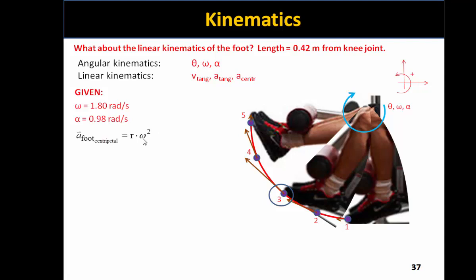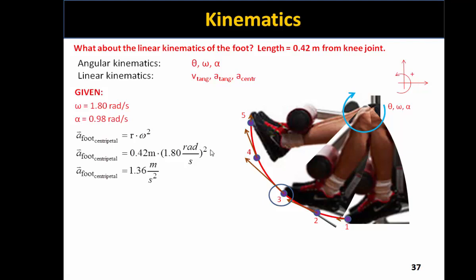Another good idea here to pause the video and go through the calculations yourself. And as you restart the video, what we see here is we have the same segment length at 0.42 meters. We have the 1.8 that was calculated previously, squared.